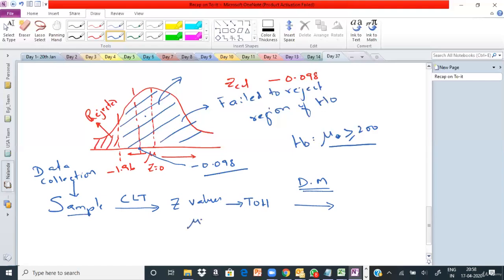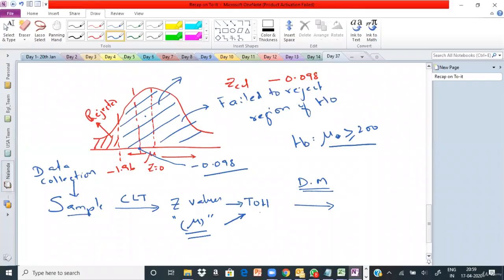What is my mu here? That's what your objective is. Once you created this mu, you are able to define the mu in terms of a range or a point estimate, whatever that is. Now you wanted to take an assumption about whether the mu value which you have calculated using the sample is right or wrong, or rather, instead of saying right or wrong, is it acceptable or not?